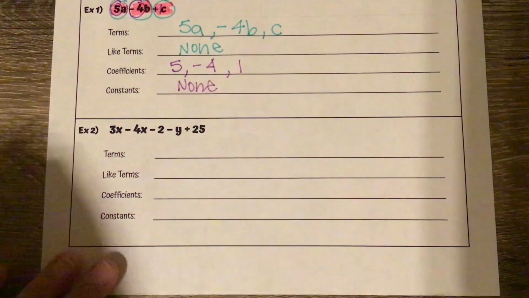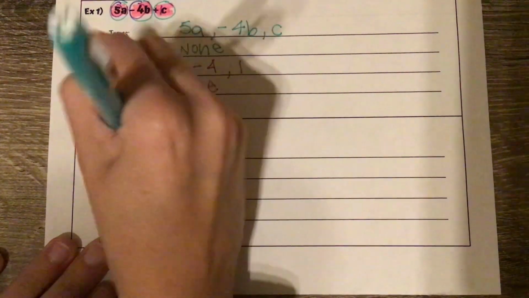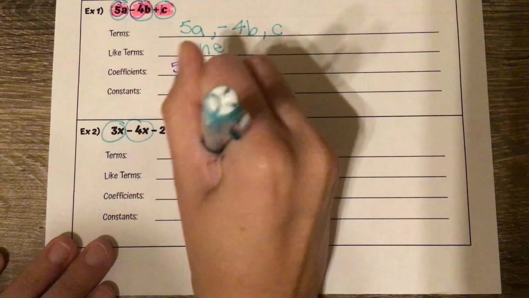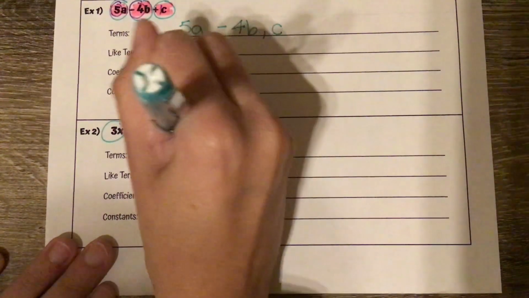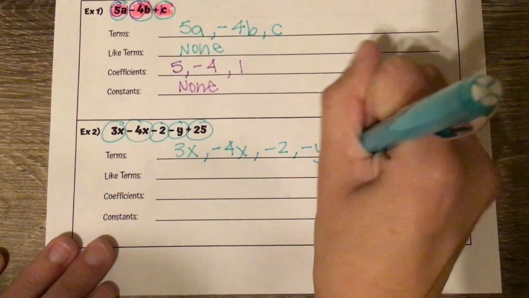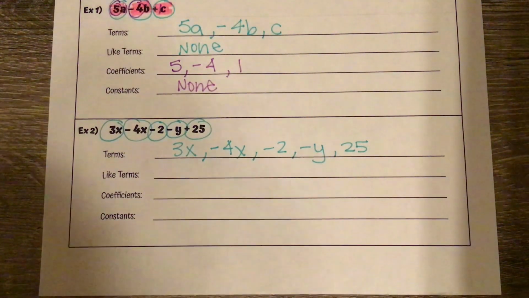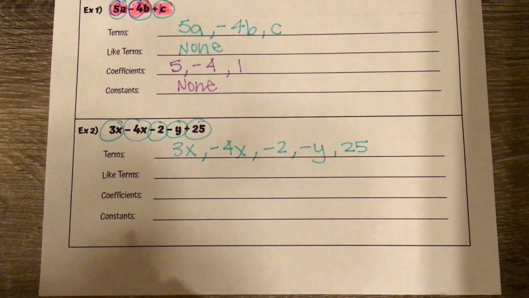Okay, number 2. Looking at the terms, we have 3x, -4x, -2, -y, and +25. Our like terms, we're looking at those that have the same variable.